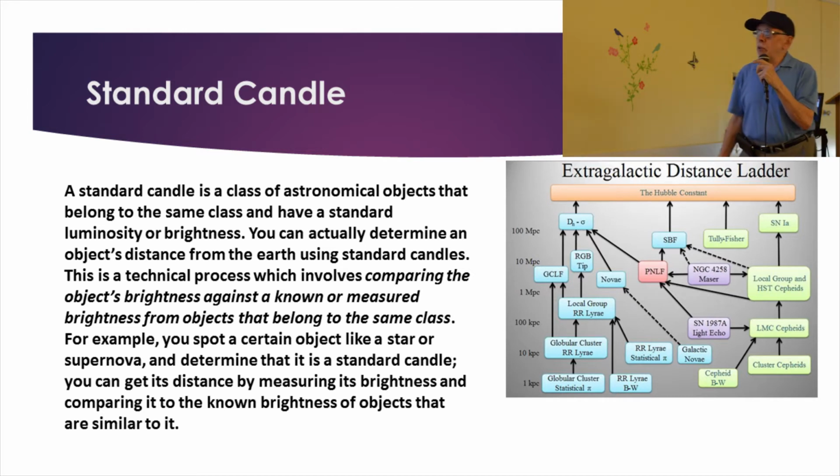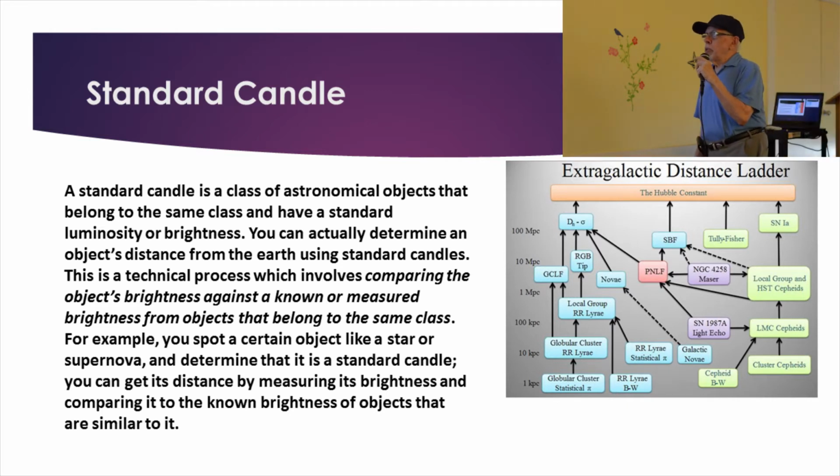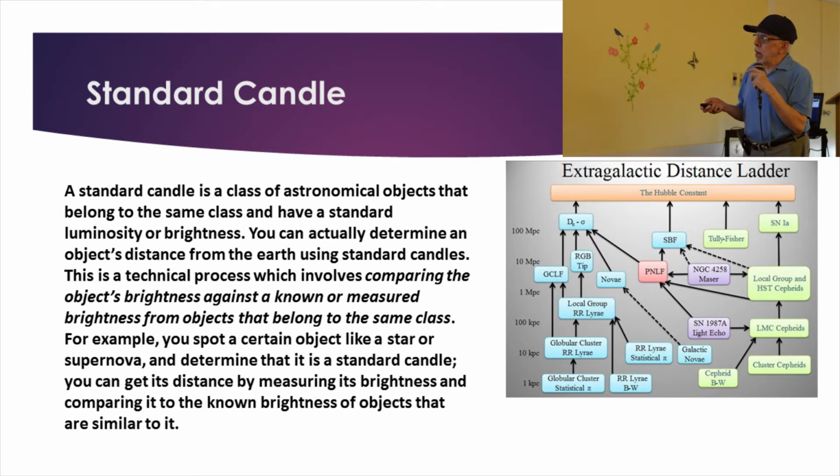So RR Lyrae stars are periodic variable stars. And where they are on the Hertzsprung-Russell diagram that I showed you is that they are a little bit to the left and below the main sequence, which falls in here.